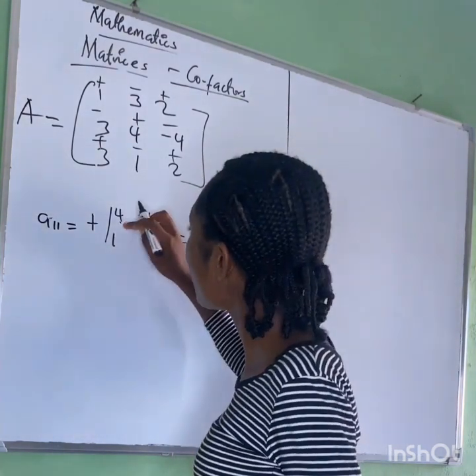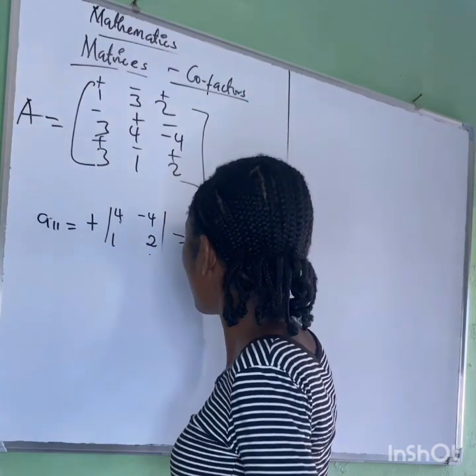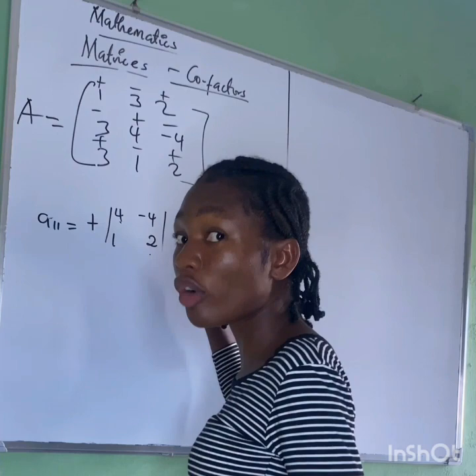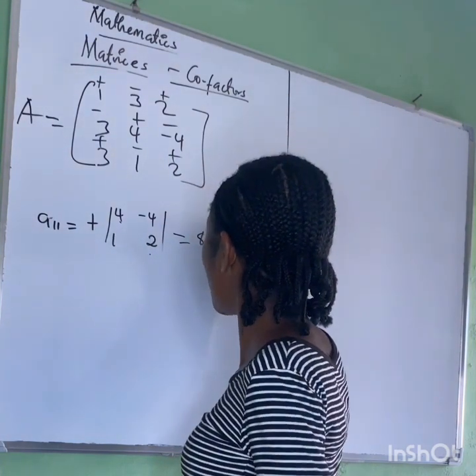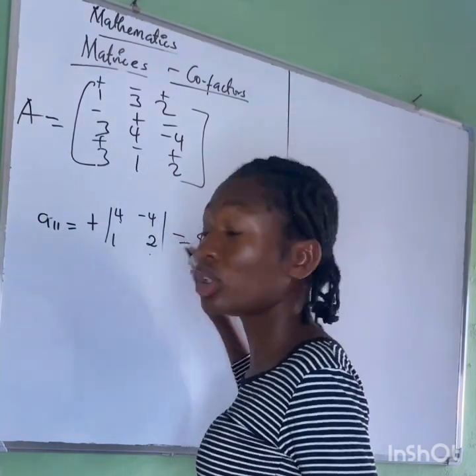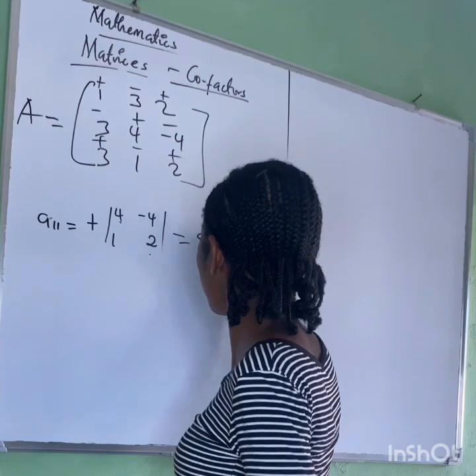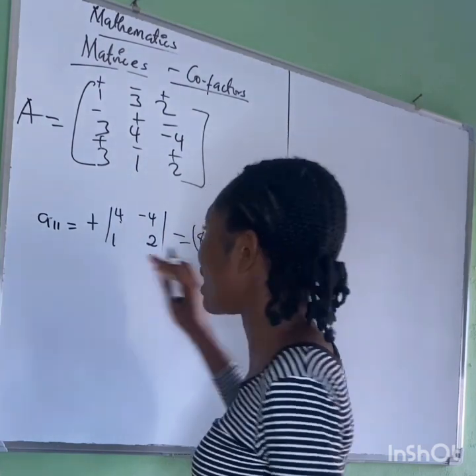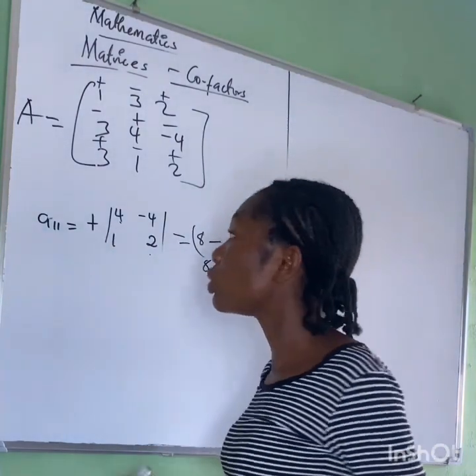So we have 4 times 2, which is 8. 8 minus 1 times minus 4, which is minus 4. Now you can see that our minus and minus will be giving us a plus. So we're going to be having 8 plus 4, which will be giving us 12. Now our sign outside is positive, so we are through with this.